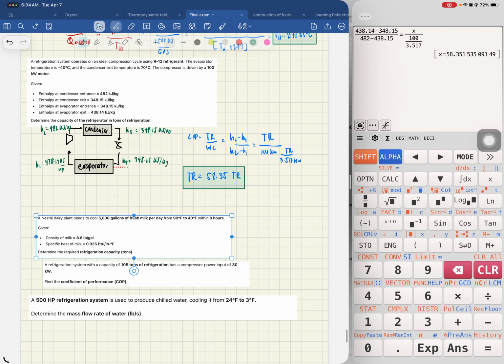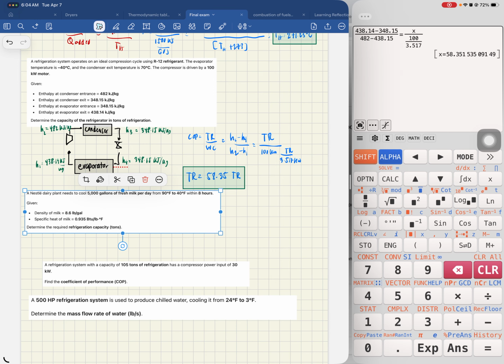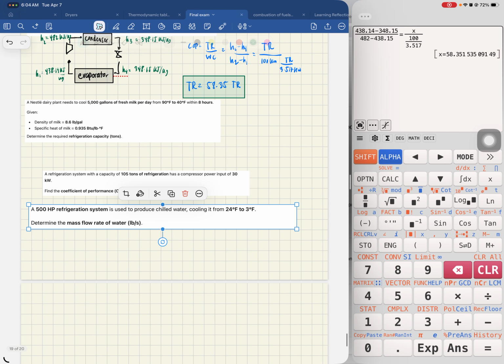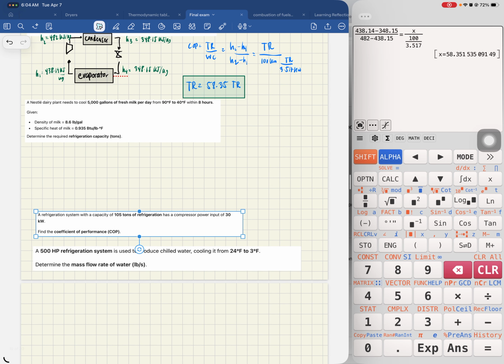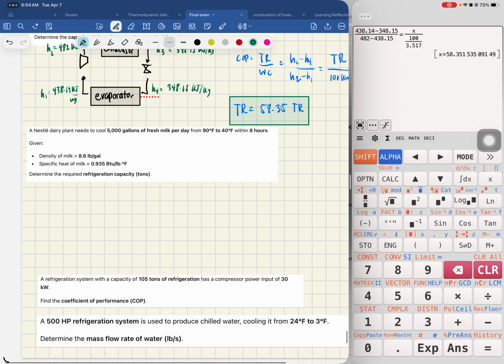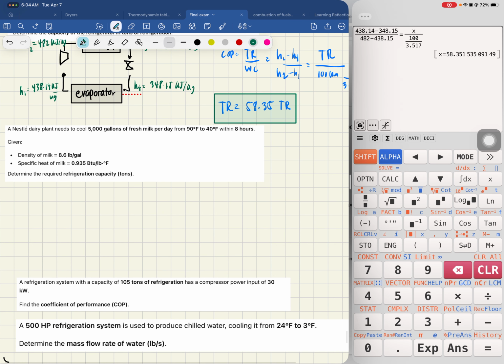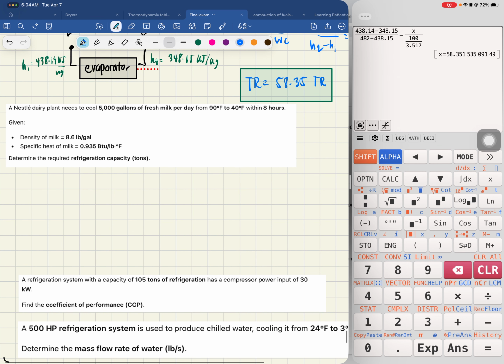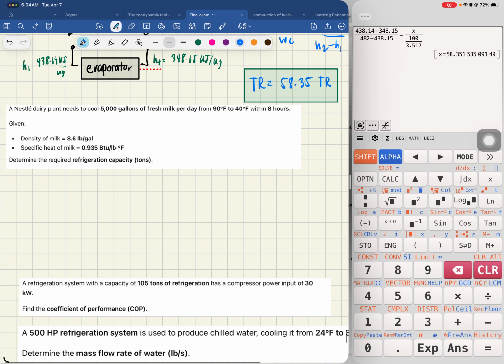So moving on. Same thing that we solved earlier, we'll just use the CP, again from 90 degrees to 40 degrees Fahrenheit.